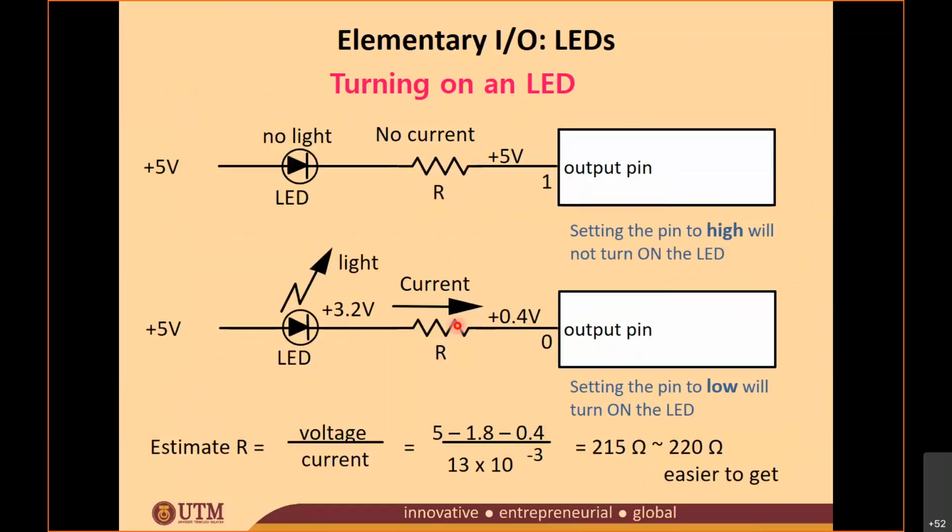So how to turn on an LED if you connect it to your microprocessor? First, you need to identify what type of common configuration you are going to use. Is it a common anode or common cathode? For the common anode, do you still remember common anode? Which terminal is connected to your ground? Which terminal will be connected to your microprocessor? For the common anode.